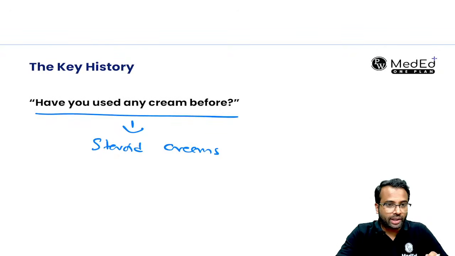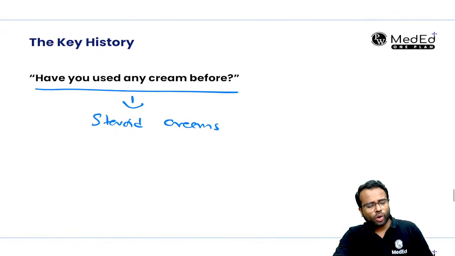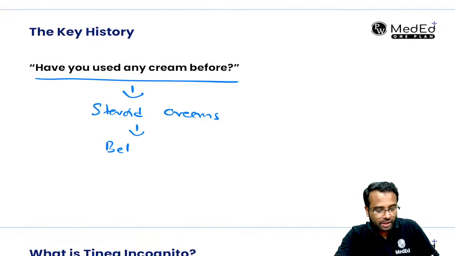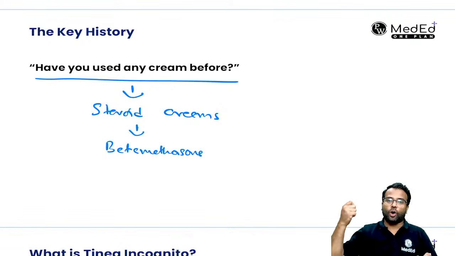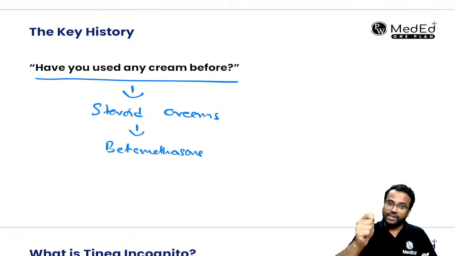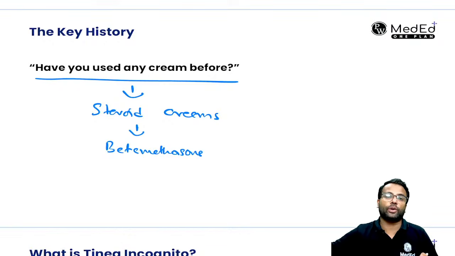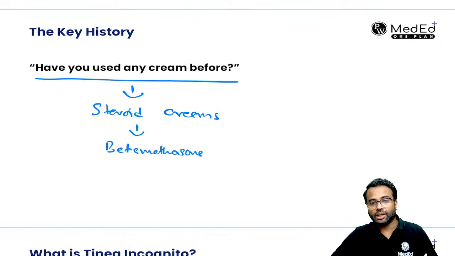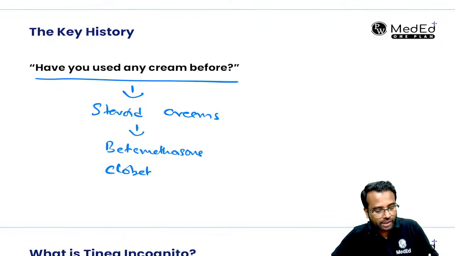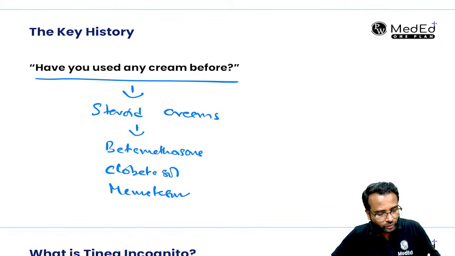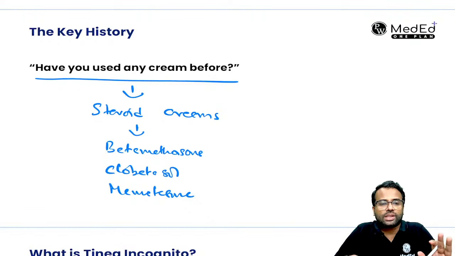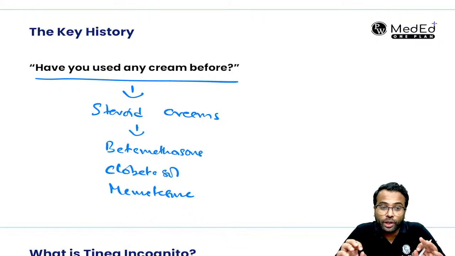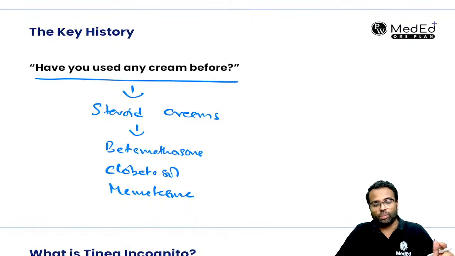There are so many steroid creams, like betamethasone. Patients usually come to the OPD bringing all those previous medications, these small ointments or creams that they keep on your consulting table. It can be betamethasone, clobetasol, or mometasone. All those creams are going to be the reason for a patient to develop a tinea incognito, because topical steroid misuse is the most common cause.